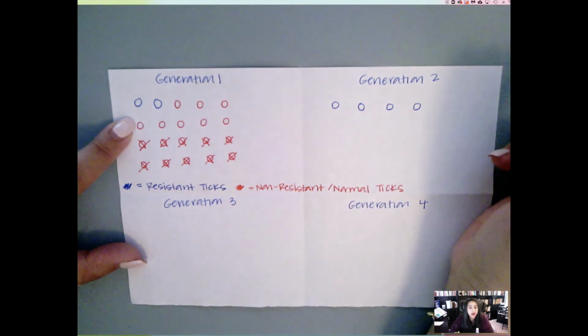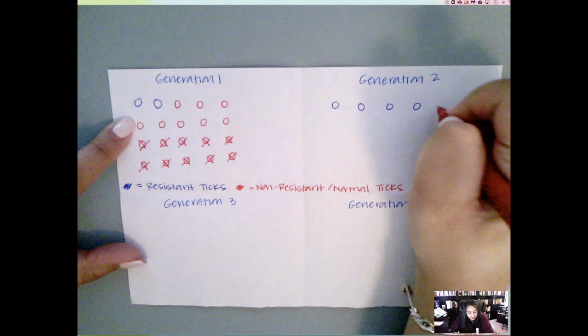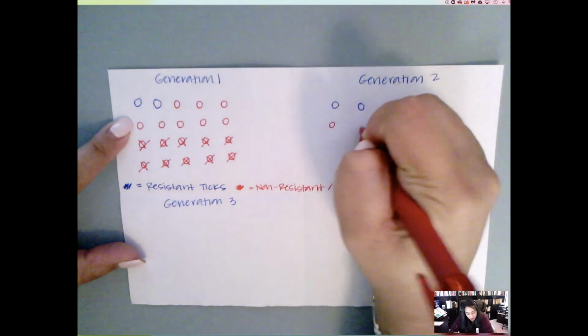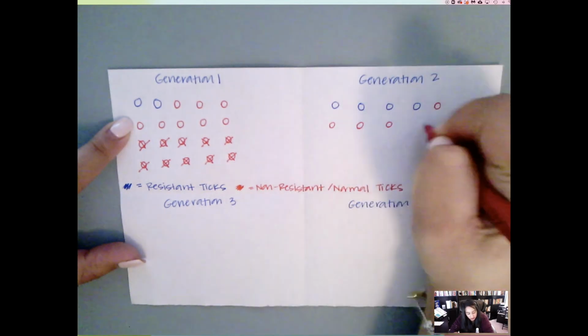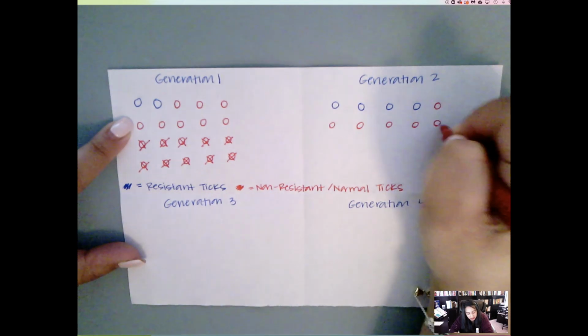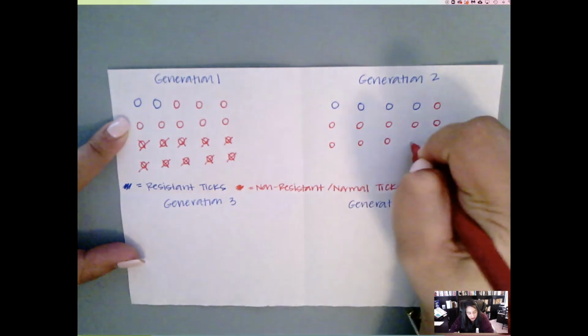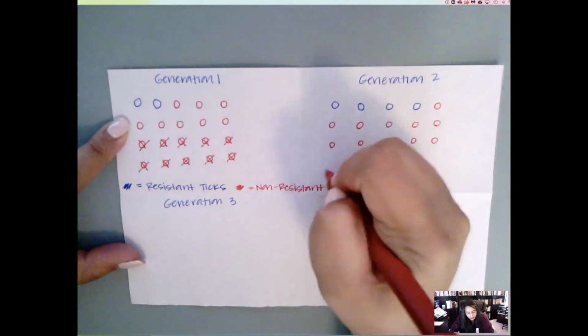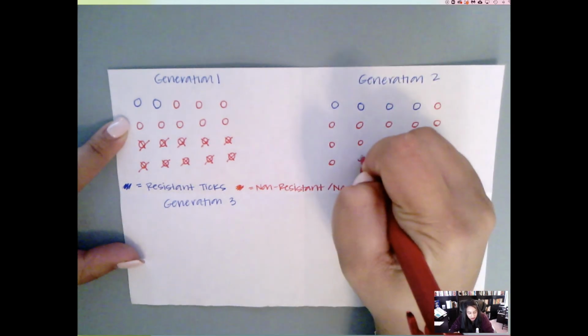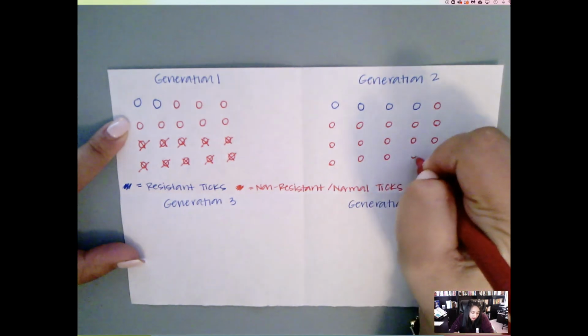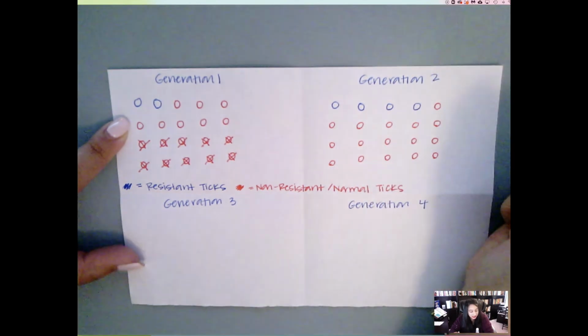And we'll use red circles to represent them. So 1, 2, 3, 4, 5, 6, 7, 8, 9, 10, 11, 12, 13, 14, 15, and 16.